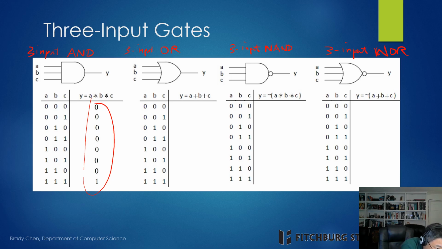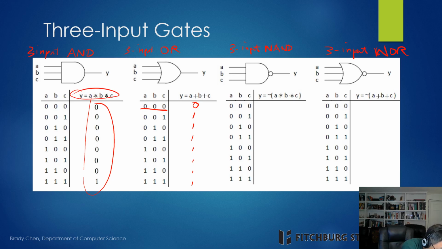Okay. So the only case where the output is 0 is the first case, when all the inputs are 0. So for the rest of the cases, it will generate 1. Now the 3 input NAND gate is basically the opposite of the AND gate.